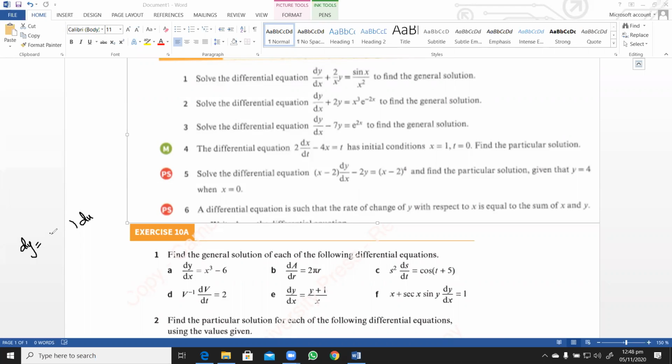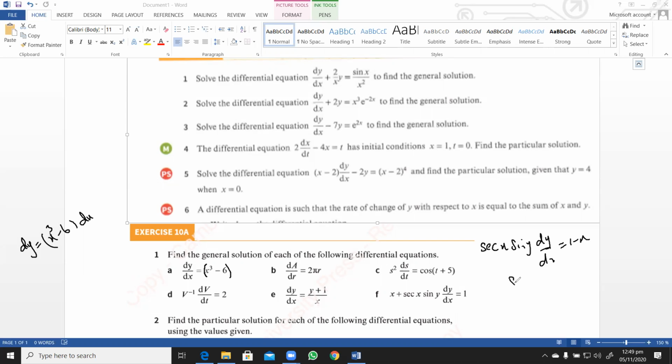Now this is going to be x cubed minus 6 and dx. You see, we were able to switch the x terms with the dx, because we are taking this as one thing. And if you look at the situation over here, this is x plus secant x sine y dy by dx, that is equal to 1 minus x.